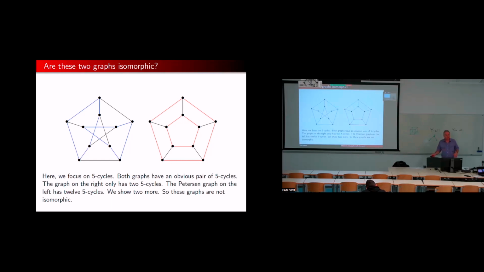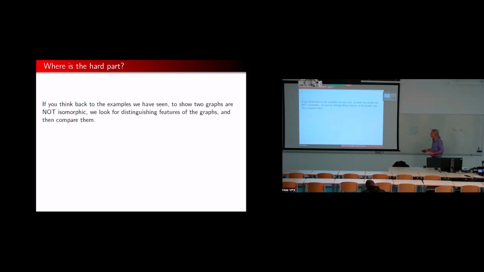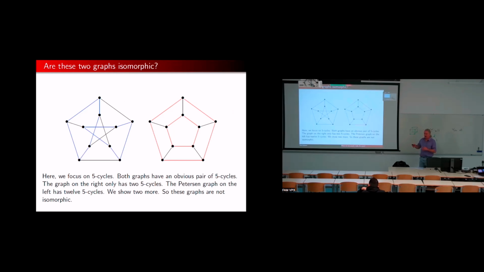Let's now talk about the end. Let's go back to the computer algorithms that I mentioned earlier. If you look back on our examples, we looked for distinguishing features. A graph may have lots of distinguishing features, but it may be, as with these graphs, that there's a lot of symmetry. Somehow you can't tell any vertex from any other vertex unless you put a label on.